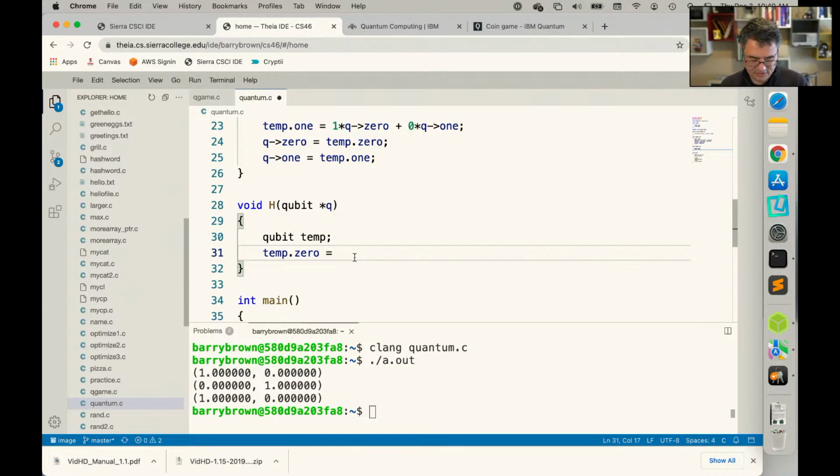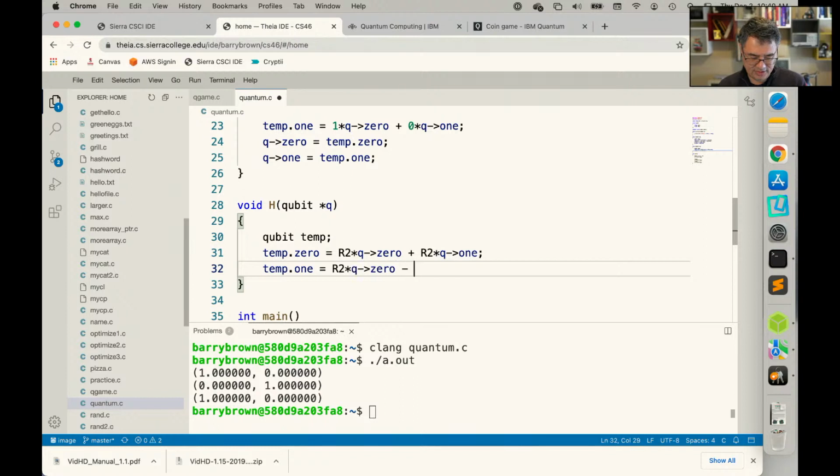Okay, so we have R2 times Q pointer 0 plus R2 times Q pointer 1, and temp.1 is equal to R2 times Q pointer 0 minus R2 times Q pointer 1.